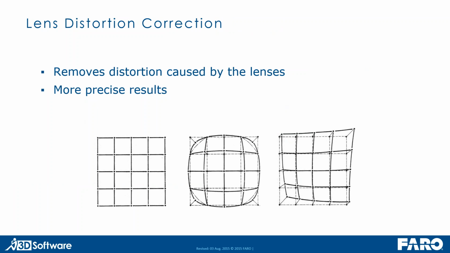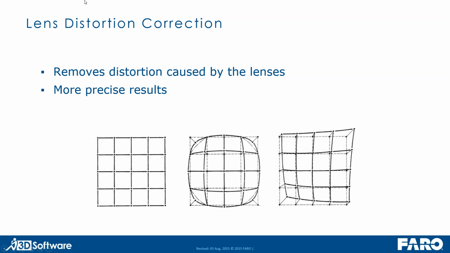The lens distortion correction is needed in order to remove distortions which are caused by the lens. Those lens distortions lead to images like in the sketches on the right-hand side, which make straight lines on the object curved.